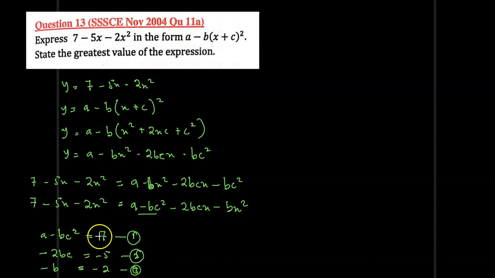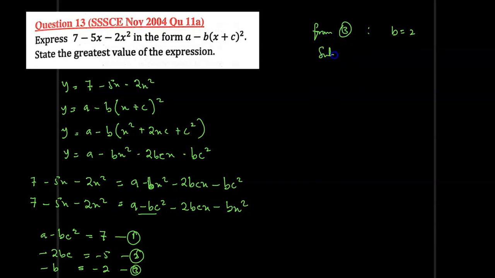So you need to solve these 3 equations simultaneously to generate your answers. Now, we already have minus b equal to negative 2, which is the equation with only one variable. Solving for b from equation number 3, it implies that b is going to be 2. Now, knowing the b value, we can substitute it into equation 2 and get the c value.